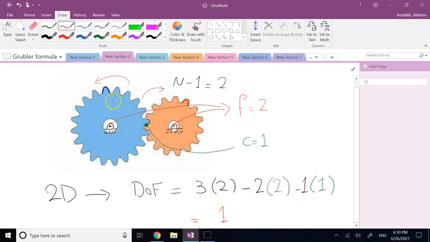So for example, if the angular velocity of this gear is omega 1 and for this one is omega 2, and the radii are R1 and R2, then you can show that omega 1 over omega 2 is equal to R2 over R1. Which basically means the gear that is larger is going to rotate slower, and the gear that is smaller is going to rotate faster. What is this R?